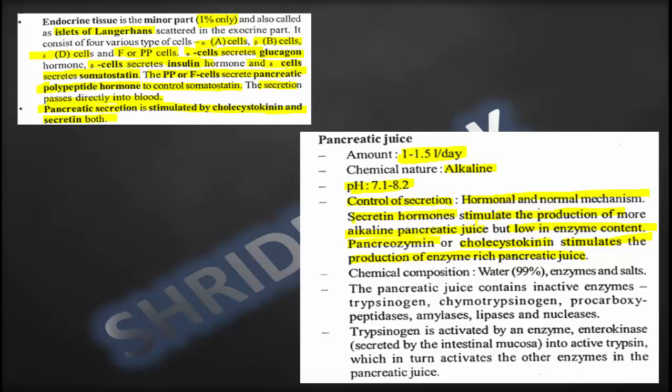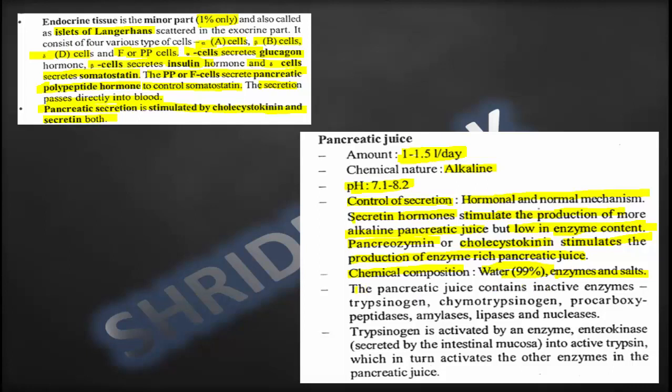Secretin supports the secretion of pancreatic juice, but the enzyme content is very low when it is stimulated by secretin. The cholecystokinin also stimulates the pancreatic gland to secrete pancreatic juice, but this is more rich in enzymes. Then chemical composition: water 99%, remaining enzymes and salts.